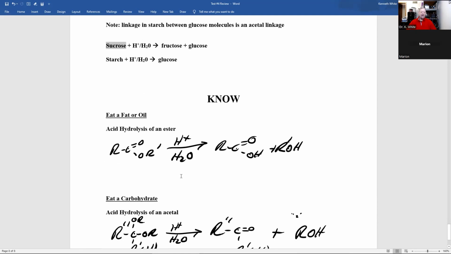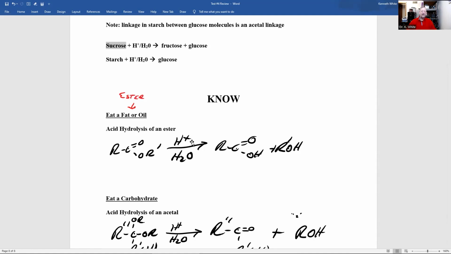Now, leaving my class, and especially for test number 4, you should know how to describe with words and a general reaction what happens when you eat a fat or oil. And what's the functional group in a fat or oil? An ester.